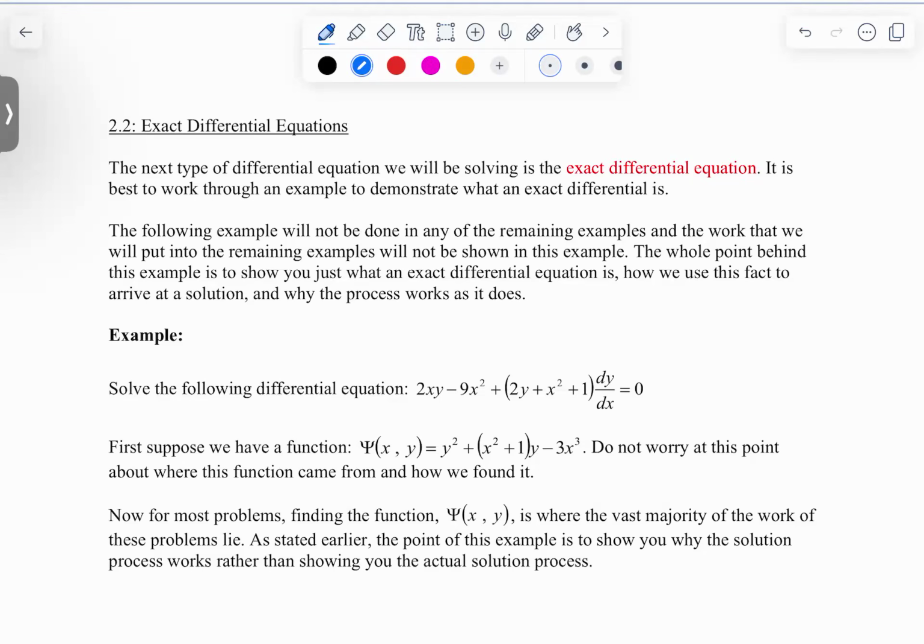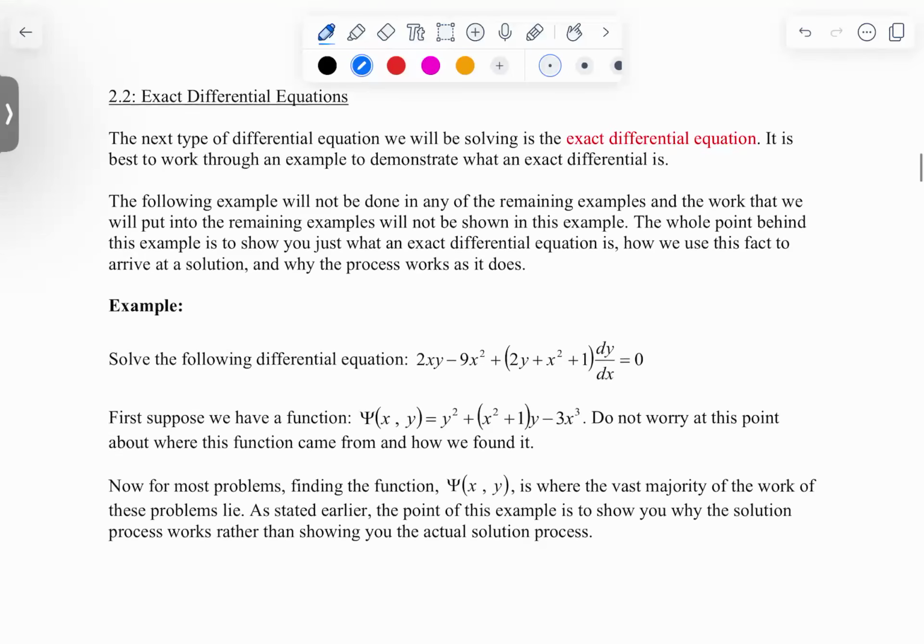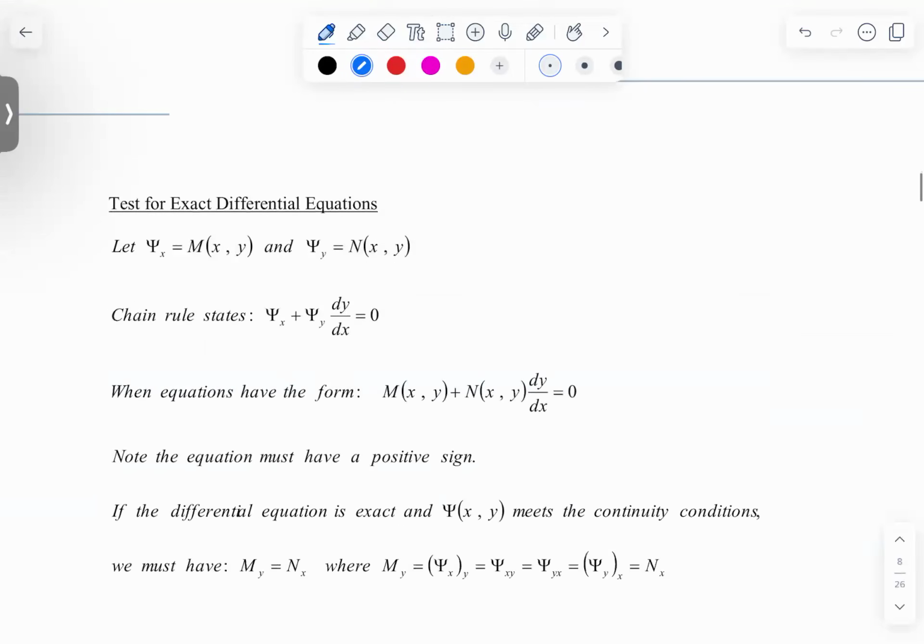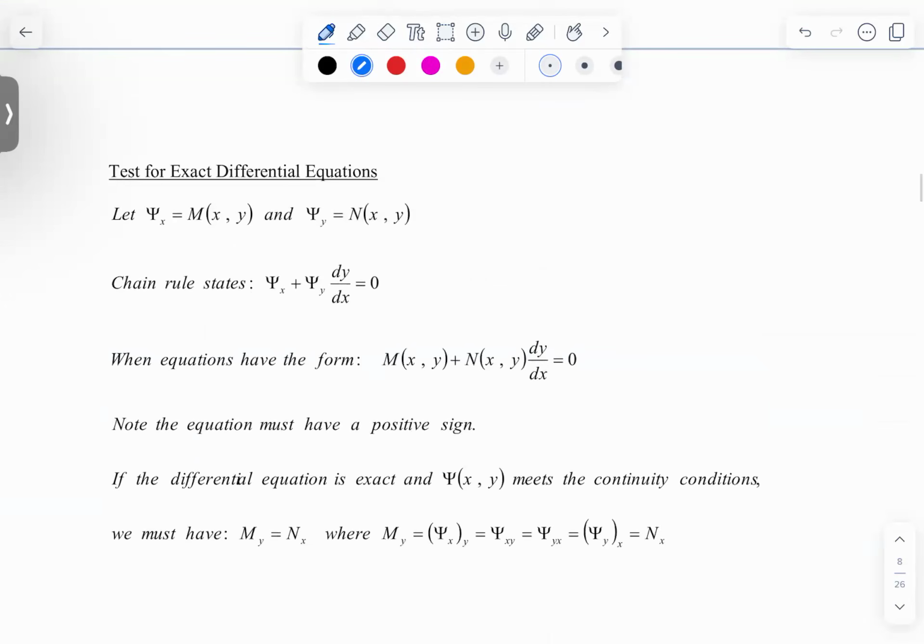Separable equations always have this form, basically M plus N dy dx. Once again, this is another one where it kind of makes more sense to write it as this.